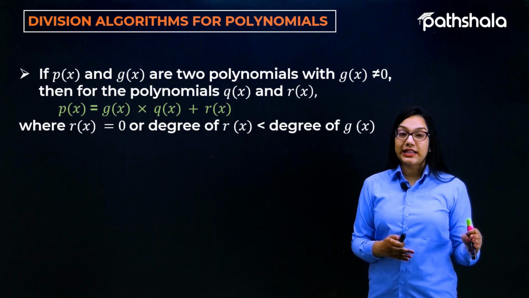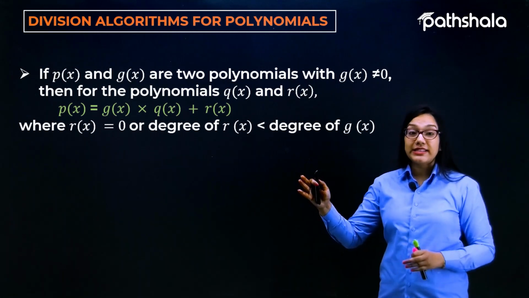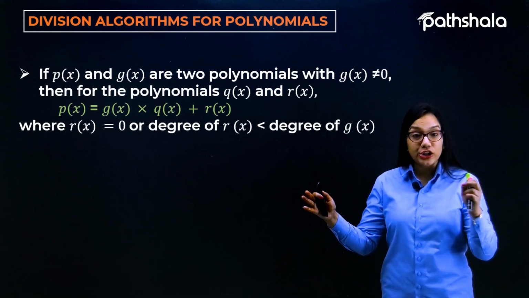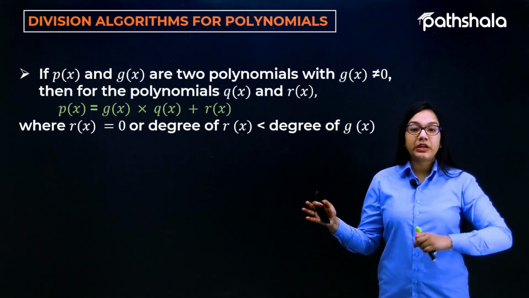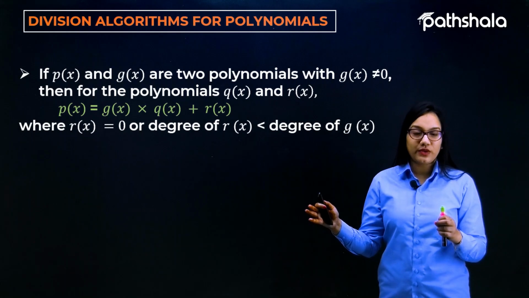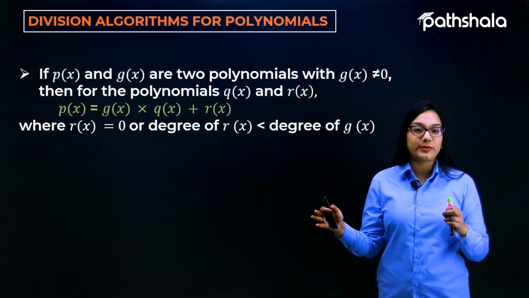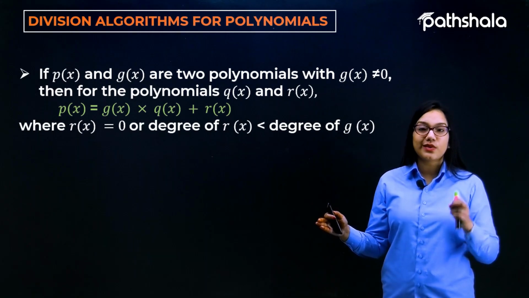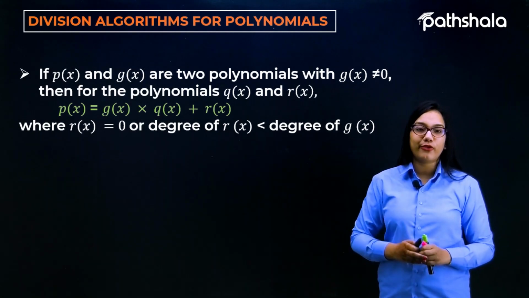So dividend is equal to divisor into quotient plus remainder, where the condition on the remainder is that either the remainder should be equal to 0 or the degree of the remainder should always be less than the degree of the divisor. So this is all about the division algorithm for the polynomial.